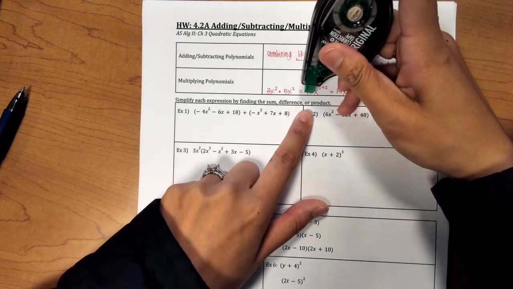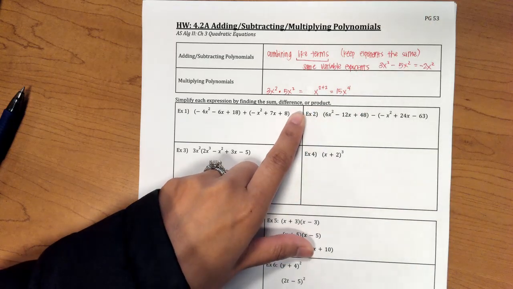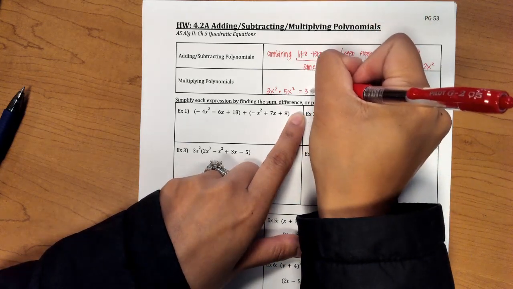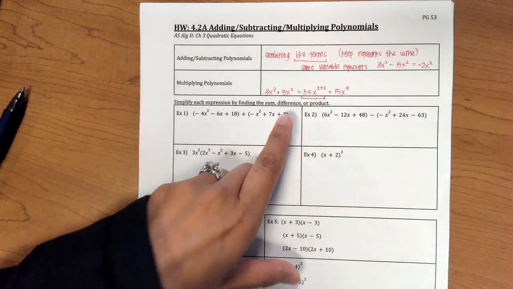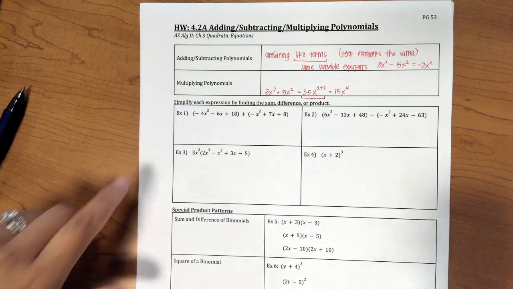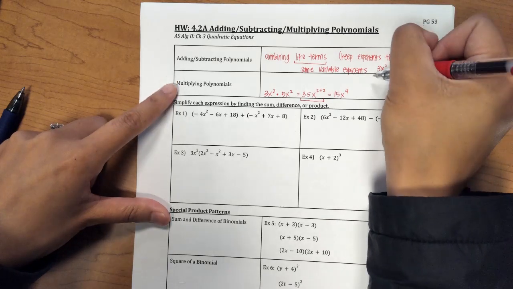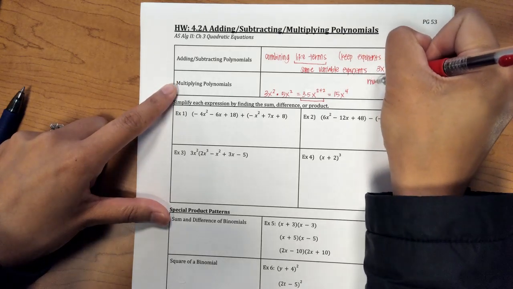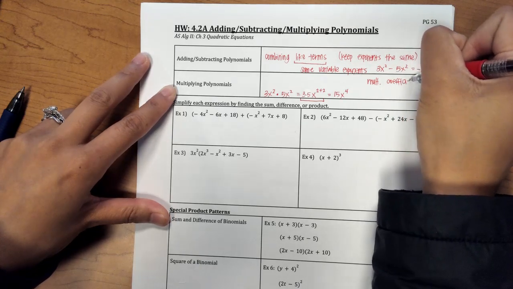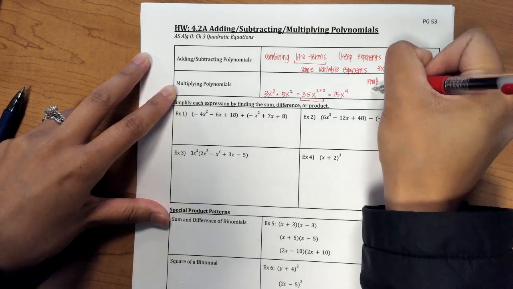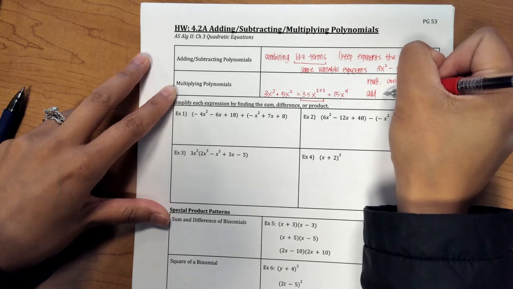Maybe I could write 3 times 5 here. Okay, so I don't need you to show this part, obviously. This is like the extra, but that's really what's happening. So when we multiply polynomials, we are multiplying the coefficients and then adding the exponents.